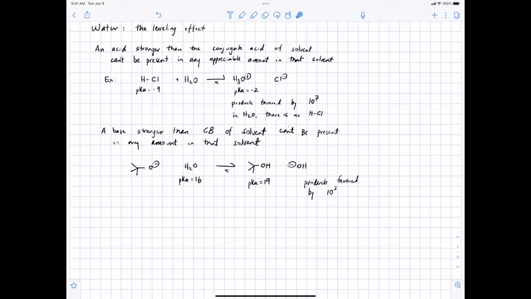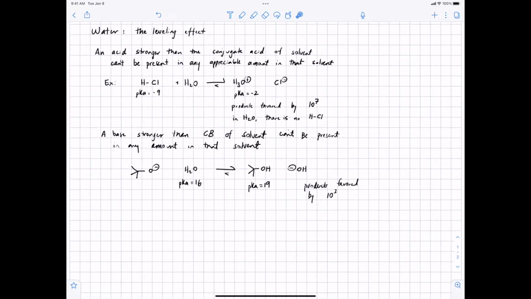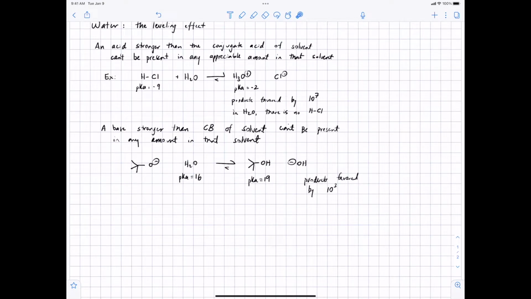So let's talk about the influence of solvents other than water. And first, notice what happens usually when, for example, an acid loses its proton. You end up with charged species.